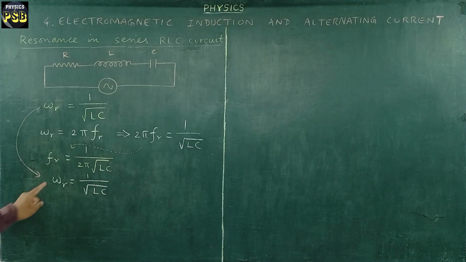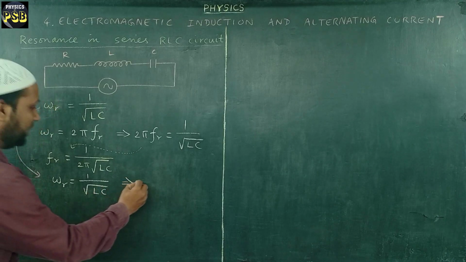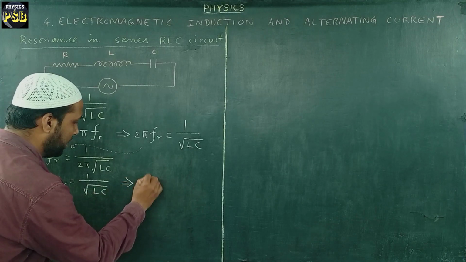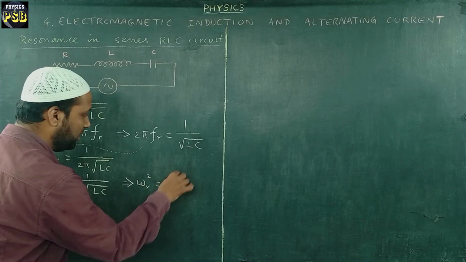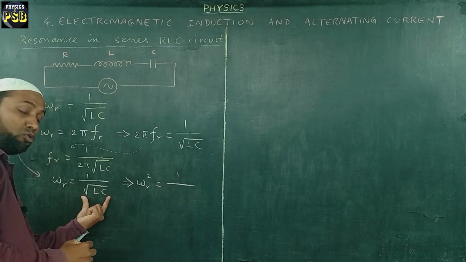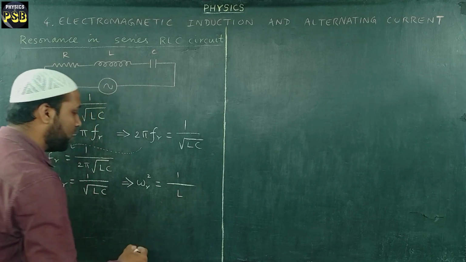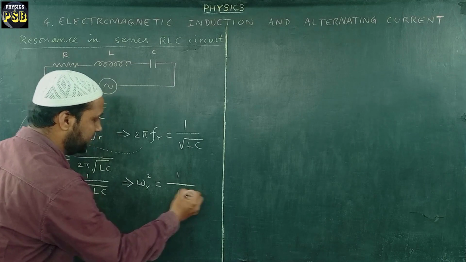Now, I square both sides. So, omega R will become omega R square. Similarly, square of 1 is 1, it's kept as such. Now, square of root of LC on squaring becomes LC.